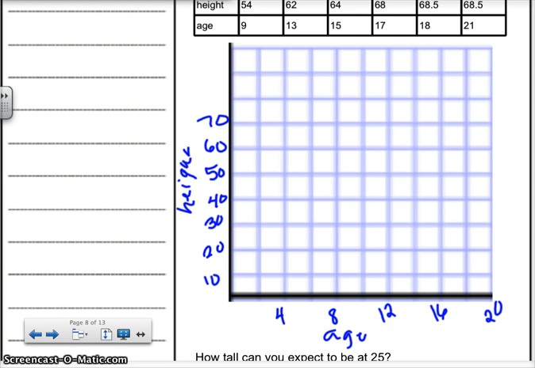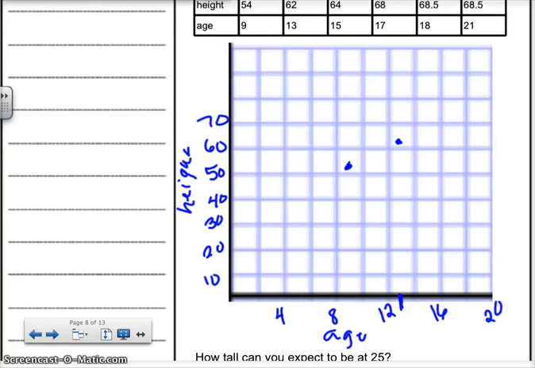So at 9, I'm 54 inches. 9 is kind of halfway between the 8 and the 10. I'm about right there. At 13, I'm at 62, so 13 would be about right here. I'm at 62, which is a little bit bigger than 60. At 15, I'm at 64 inches.